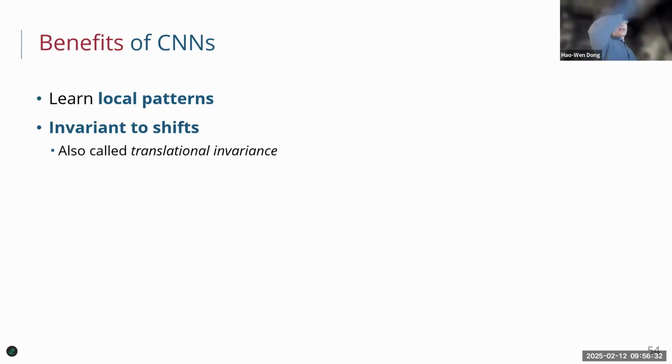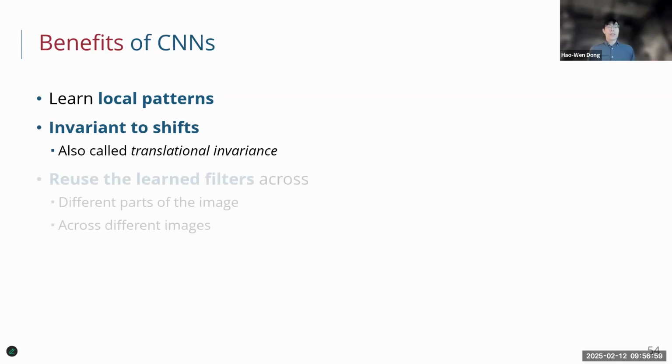So it can also be applied to an image with multiple cats. Or think about how we do human face recognition. We as humans have a super strong human face detector. That's invariant to shifts. Whatever your head position is, wherever the person is, you get that detection correctly.